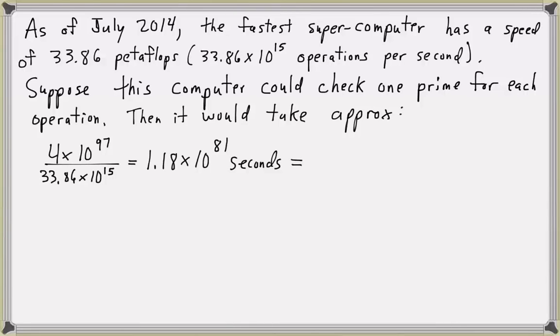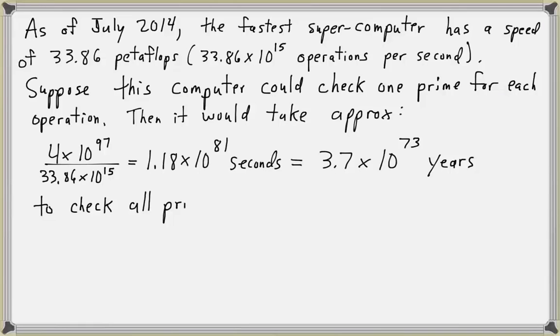which would equal 3.7 times 10 to the power 73 years. So it'll take this long to check all the primes less than or equal to square root of n.